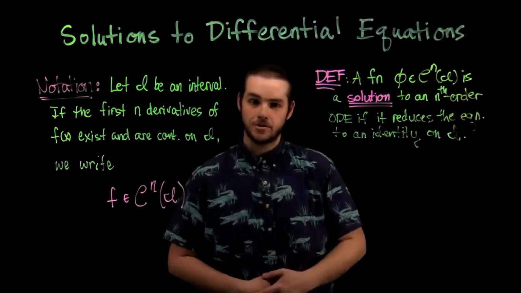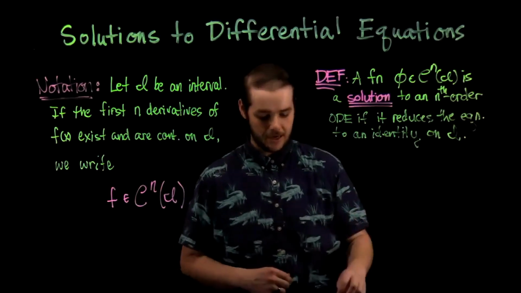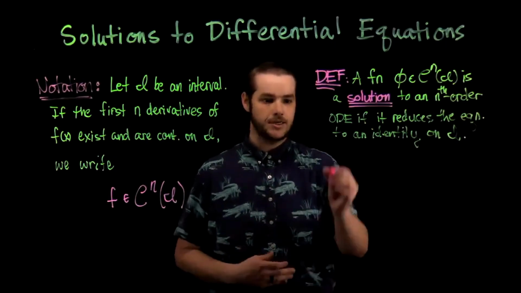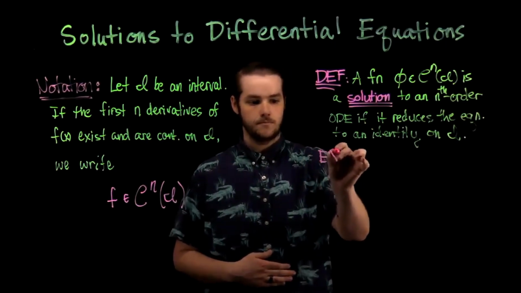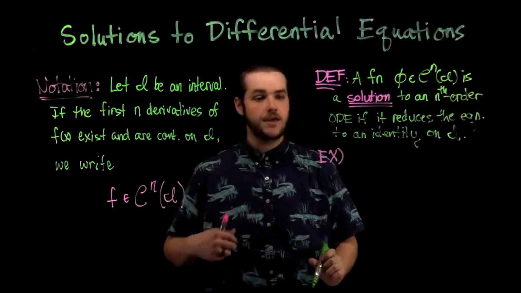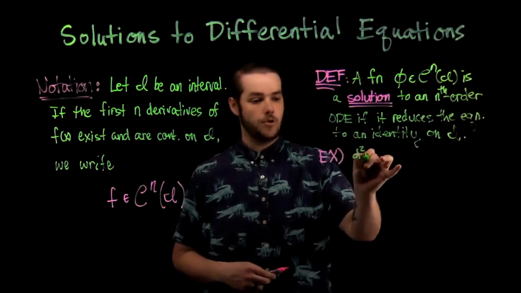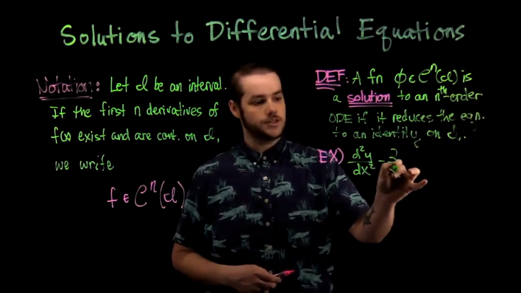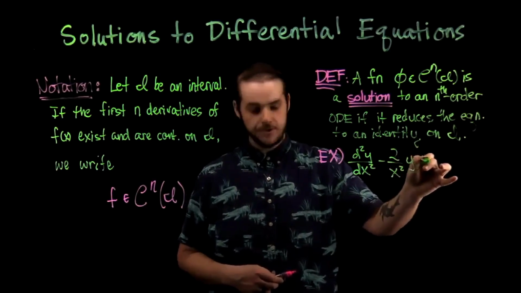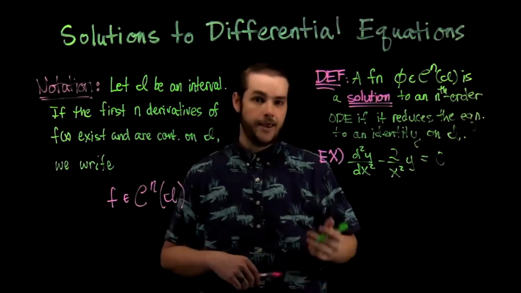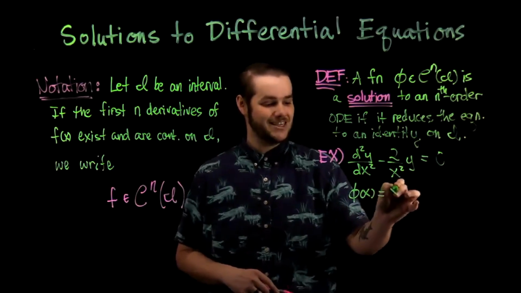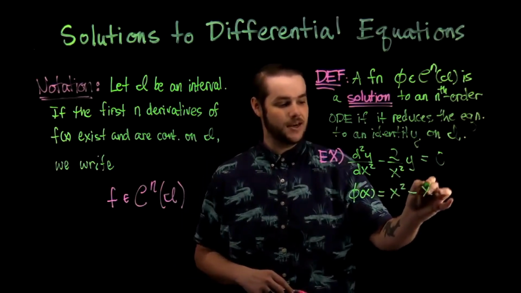Now there's a lot of subtlety in this definition that I'll get to in a second, but before I get to that, I want to drive the key point home. So let's look at an example. Let's look at the ODE, d squared y dx squared minus 2 over x squared y equals 0, and the function phi of x is x squared minus x to the negative 1.